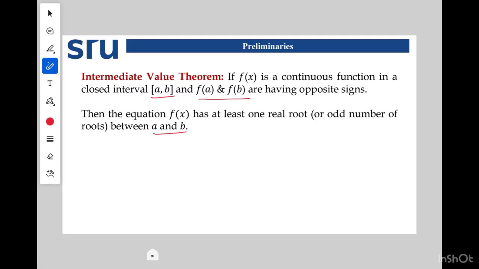What does it mean? Suppose f(x) is a continuous function defined on the closed interval [a, b], and f(a) and f(b) have opposite signs. Two conditions arise here.